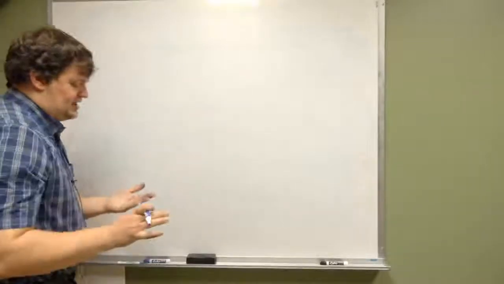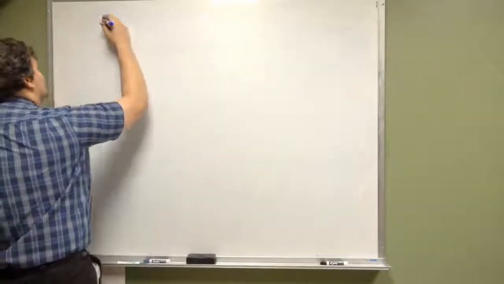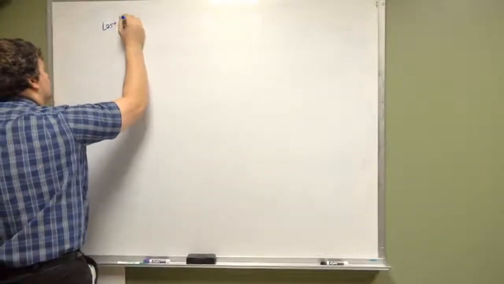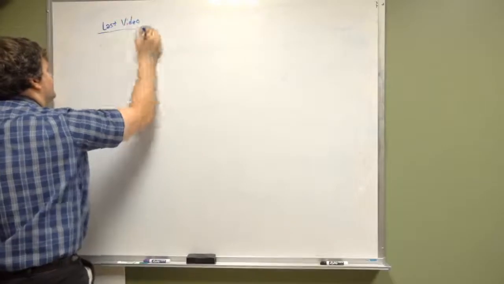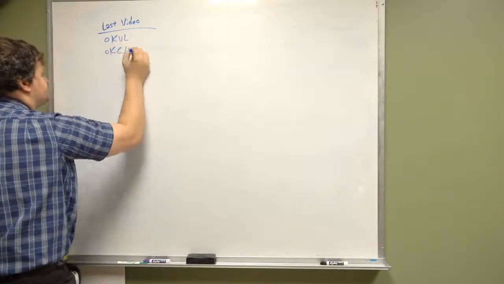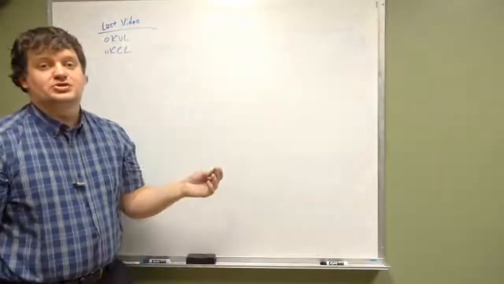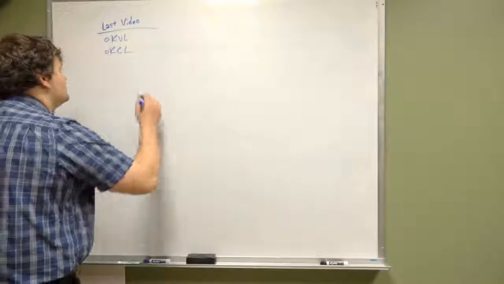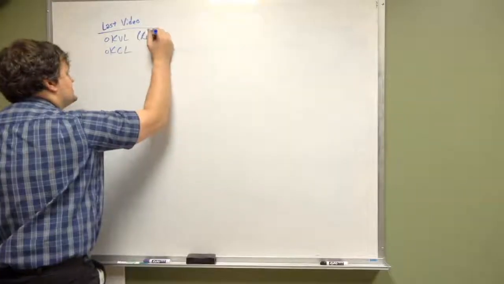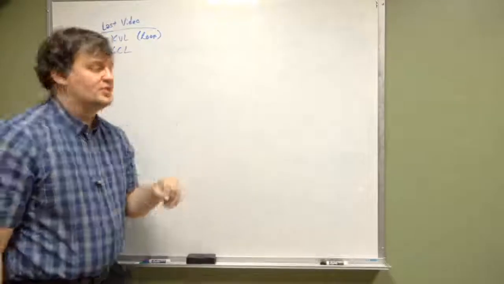All right, so in our last video, we defined KVL and KCL. KVL states that the number of voltages in a loop, which is loop dependent, always sum to 0.